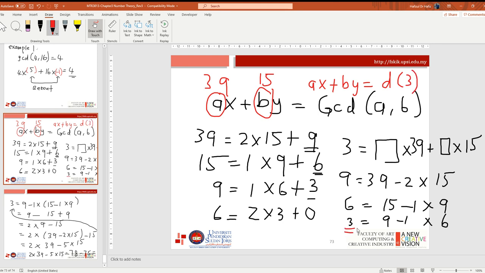Okay, 3. Okay, kemudian kita calculate tadi, kita dapat V dengan W, kita dapat 2, dan W kita dapat negatif 5 lah. Okay, sometimes it also call it as a Bezout lemma lah. Lemma or identity lah.